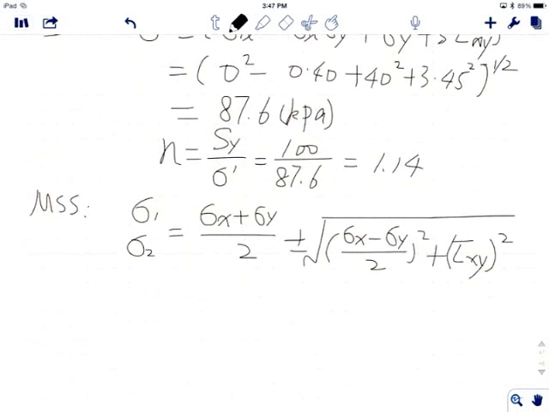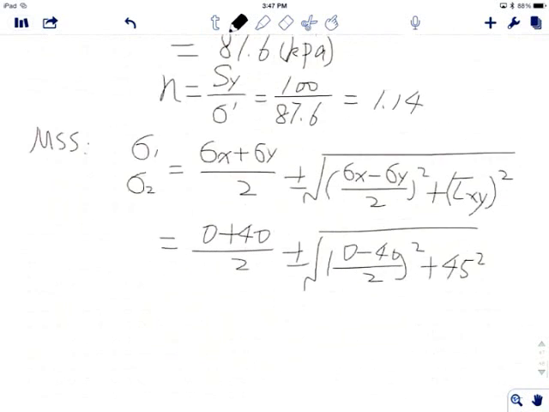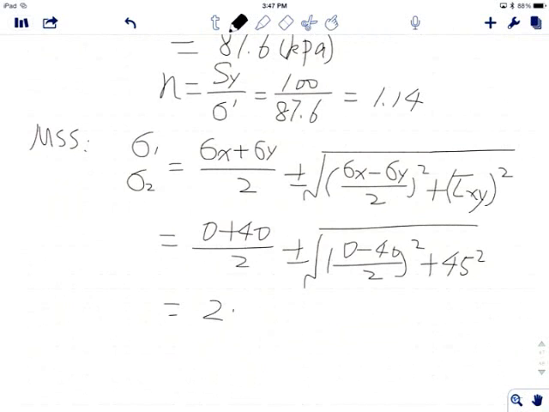What you're going to do is calculate it now. This is 0 plus 40 divided by 2, plus minus the square root of 0 minus 40 divided by 2 squared plus 45 squared. Okay. Right, so that's 20 plus minus.